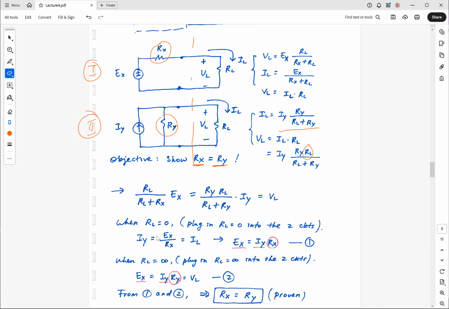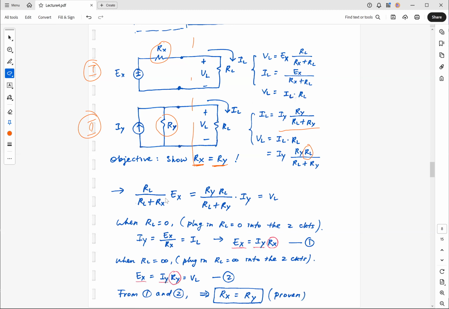And the second condition I'm going to apply is that I'm going to assume RL is equal to infinity. This is equivalent to an open. And I'm going to apply RL equal to 0 and RL equal to infinity to both of these circuits, and then eventually we're going to draw some simple conclusion here.